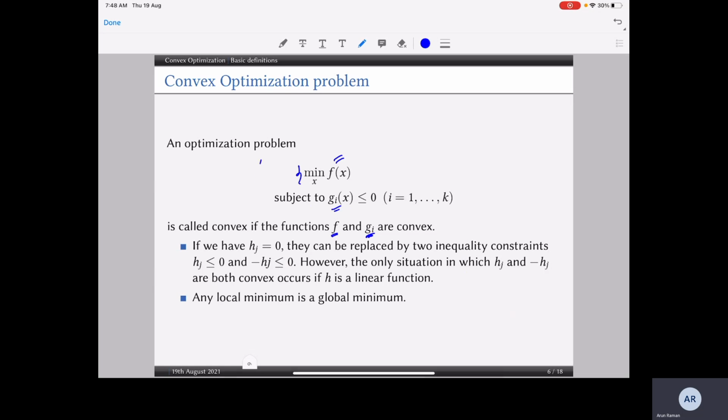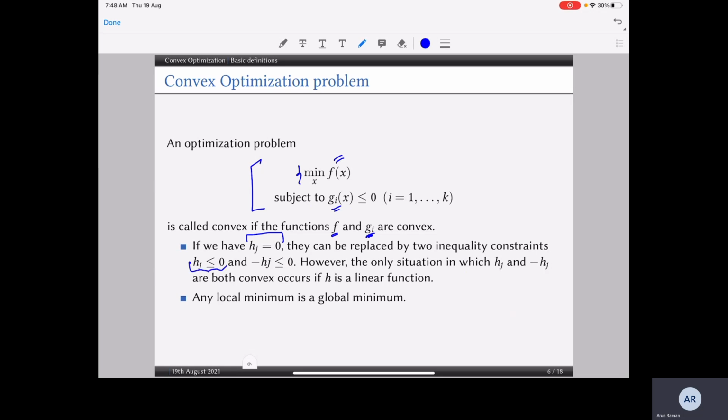In the standard form, we have represented the constraint as an inequality. However, in several cases, we might also have equality constraints such that hj is equal to 0. We can always replace this equality constraint using two inequality constraints.